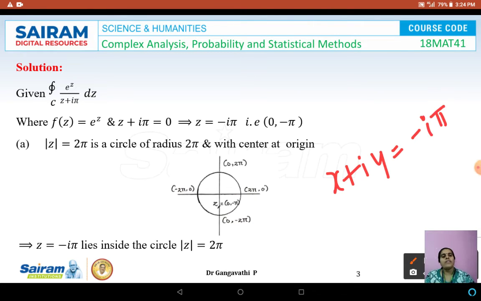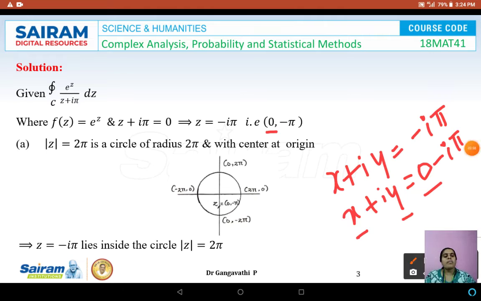So this can be written as 0 minus i pi. The x coordinate is 0 and the y coordinate is minus pi. When we compare the real and imaginary parts, we get x equal to 0, and the imaginary part y equal to minus pi. That is how the point has been written as (0, minus pi).